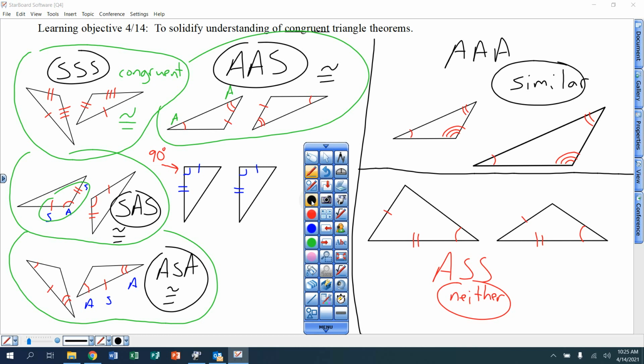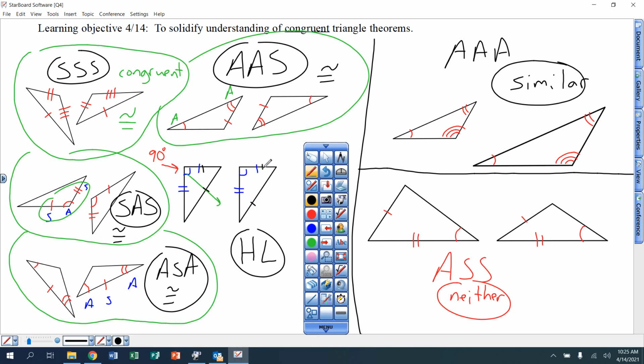Most of the time you'll see online, they call this HL, because if you have a right triangle, the hypotenuse, which is this side right across from the right angle, the longest side, most people describe these right triangles as if you have a hypotenuse and a leg, they're congruent.